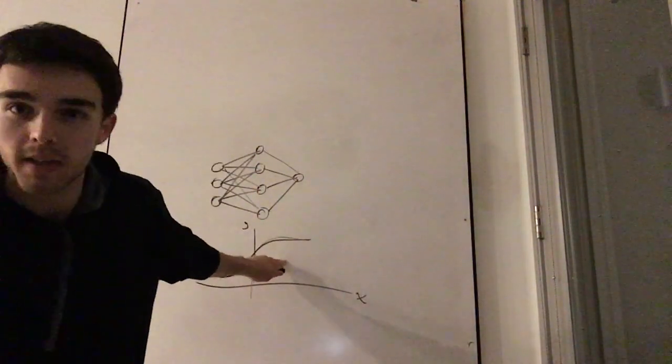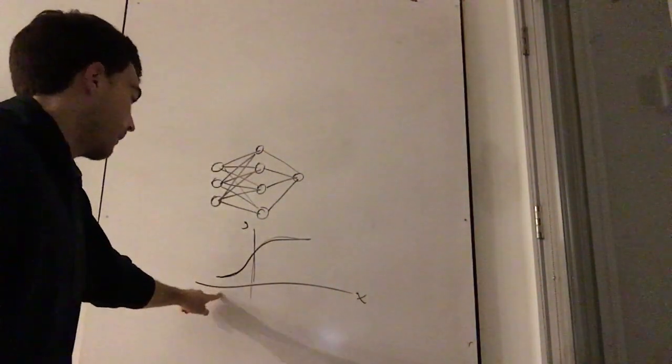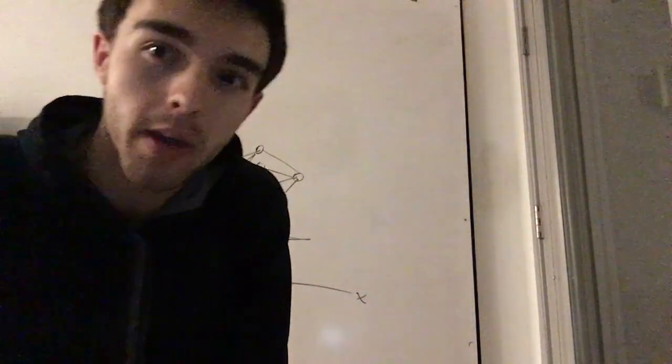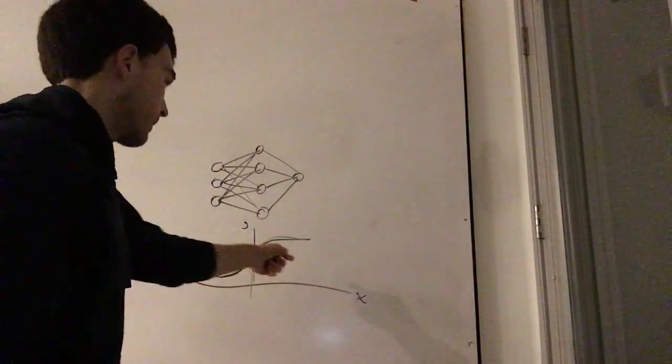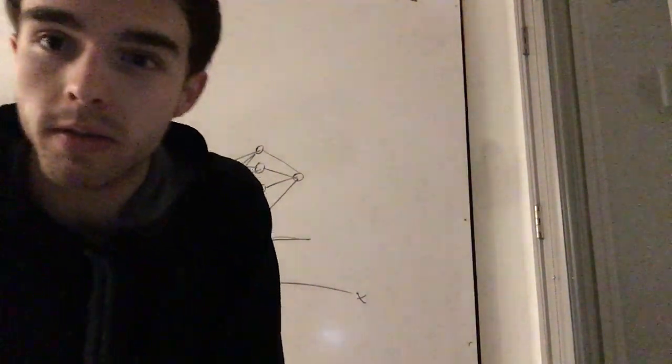This is a terrible sigmoid function. It looks something like that, where if you pass a negative value into the sigmoid function, you get something very close to 0, and if you pass a positive value, you get something very close to 1.